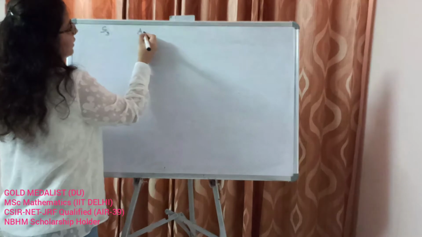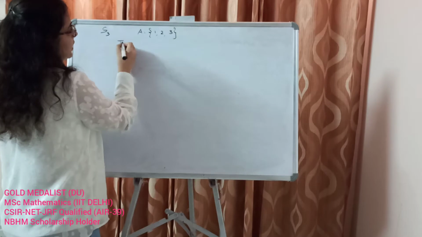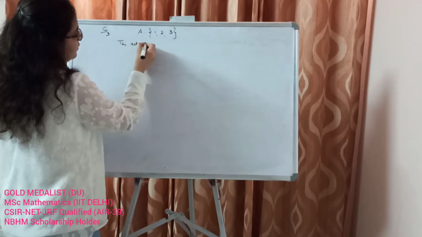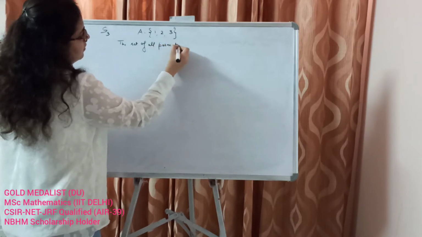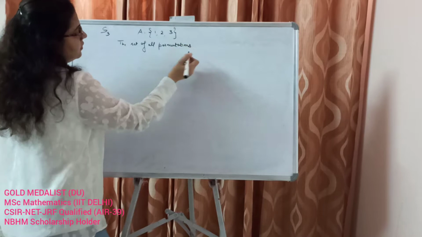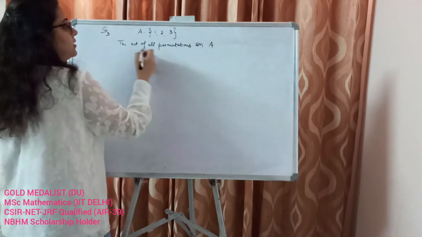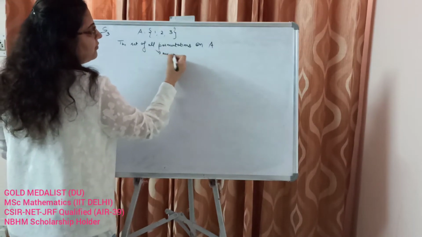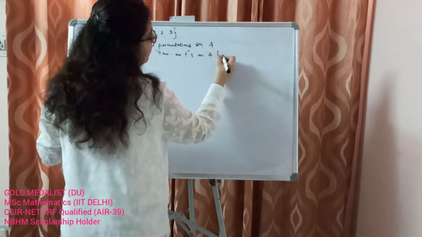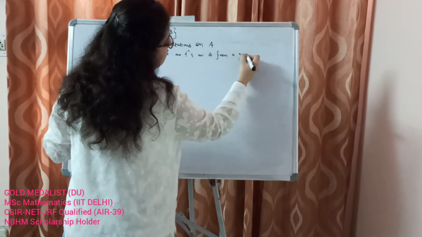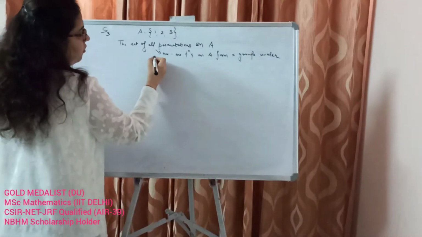If we have A equals 1, 2, 3, the set of all permutations on A, or we can say the set of all 1-1 functions on A, forms a group under function composition.